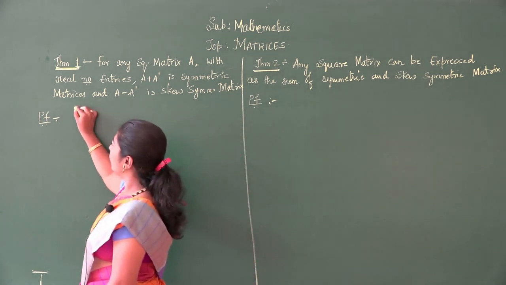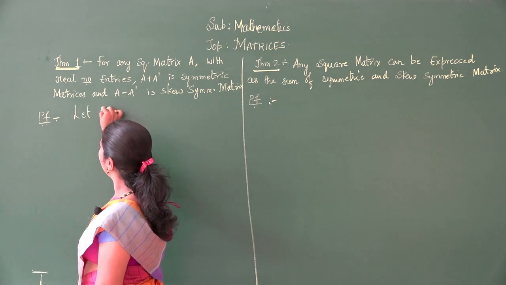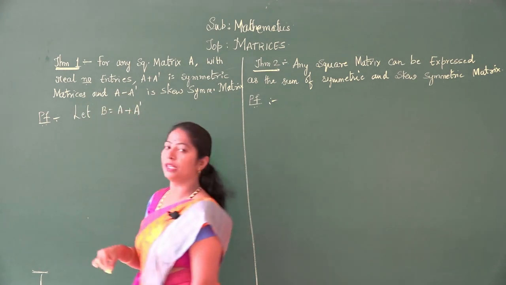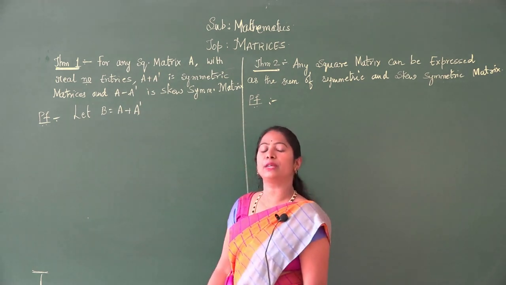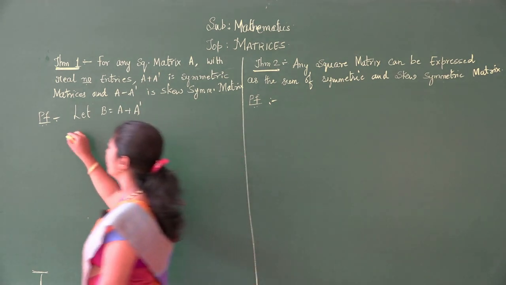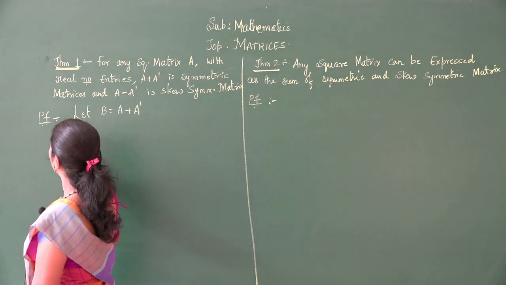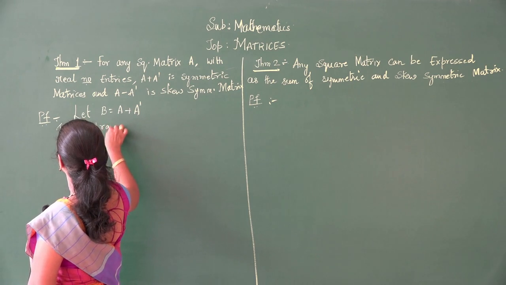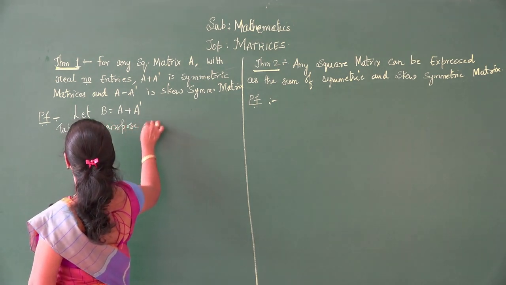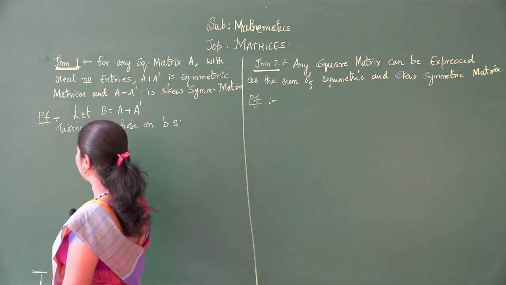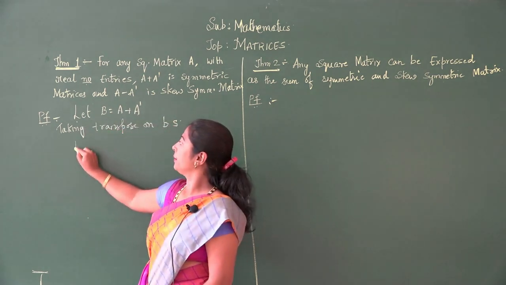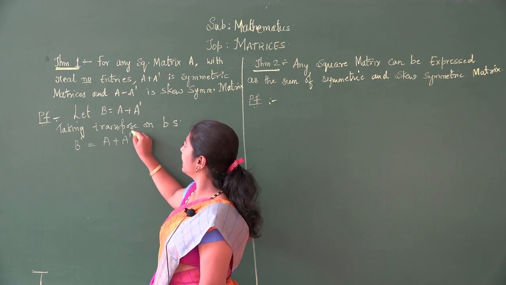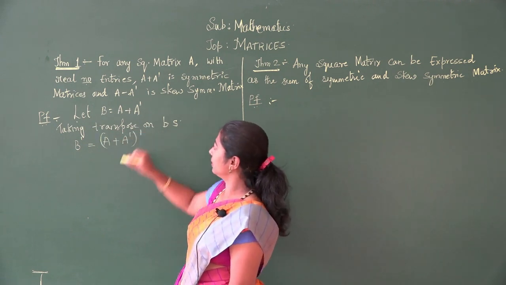Proof. We will consider one matrix. Let B be equal to A plus A dash. Taking transpose on both the sides, we get B dash is equal to A plus A dash the whole transpose.